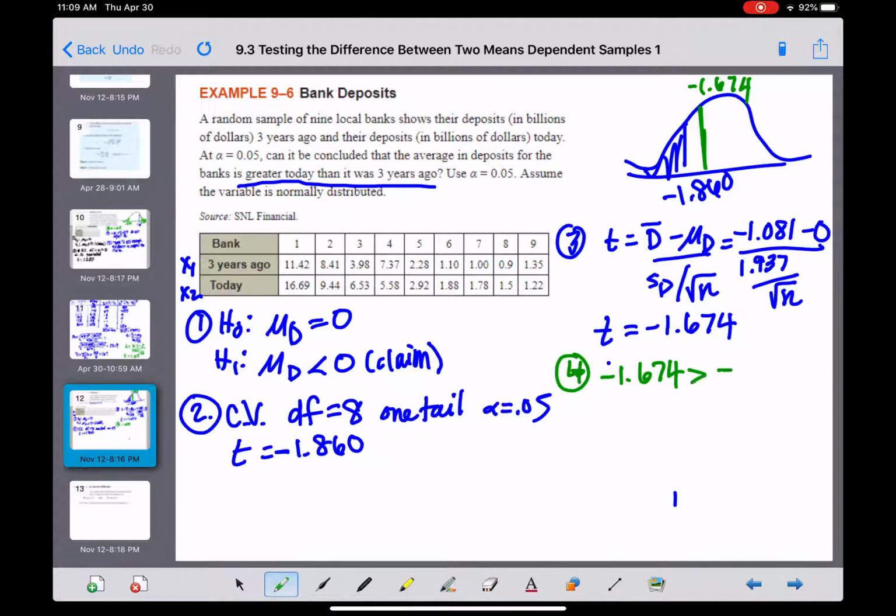That's greater than negative 1.860. So do not reject H naught. And then my 5th step, there's not enough evidence to support the claim.